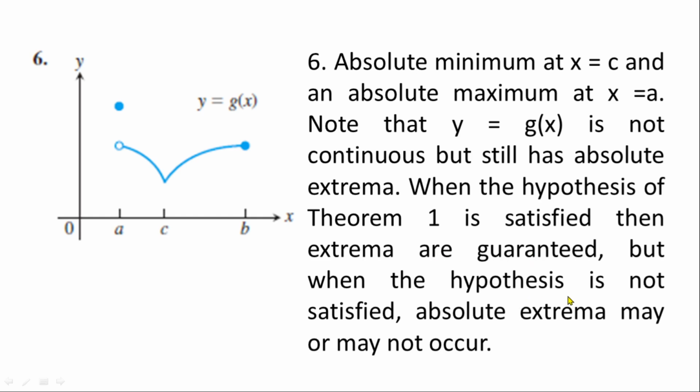But when the hypothesis is not satisfied, absolute extrema may or may not occur. In this function, even though the intervals are open and the function has discontinuities, there is an absolute minimum and an absolute maximum.